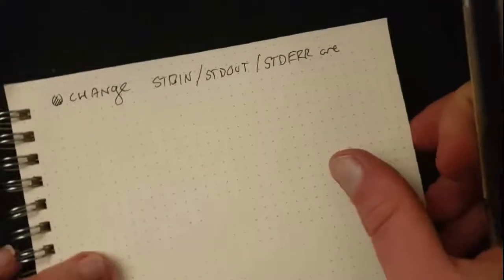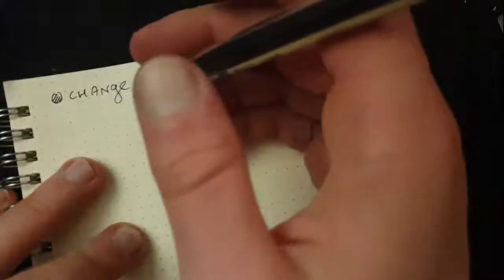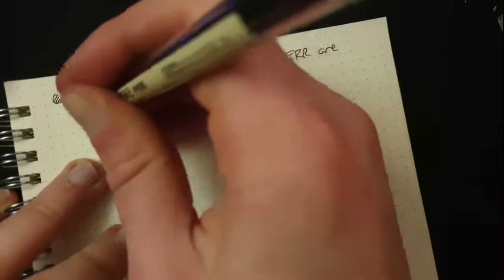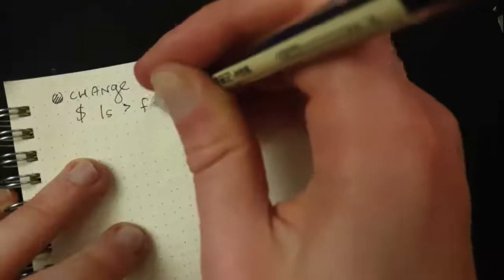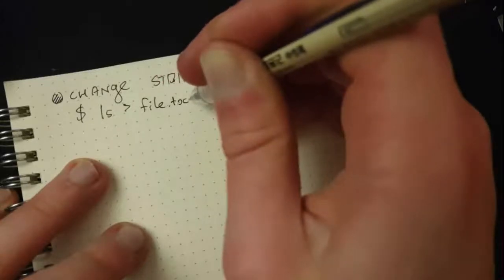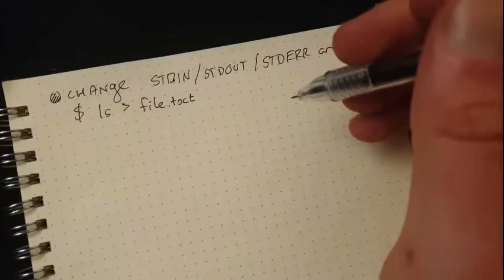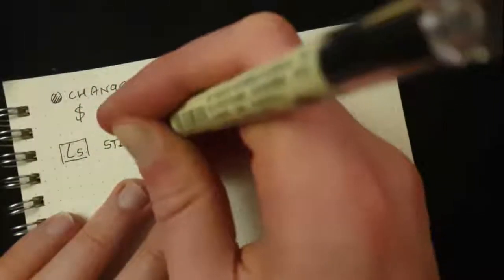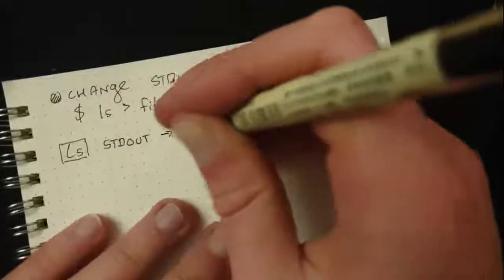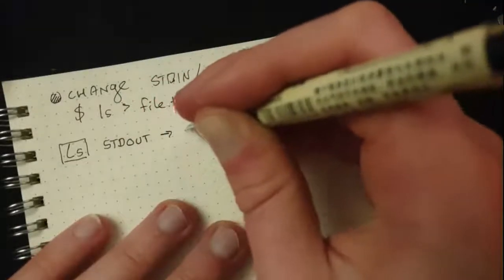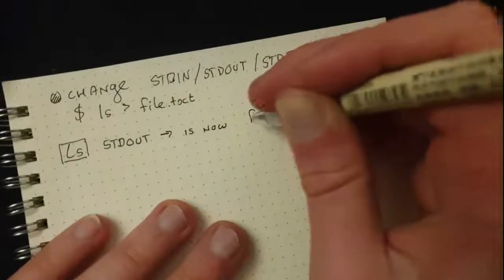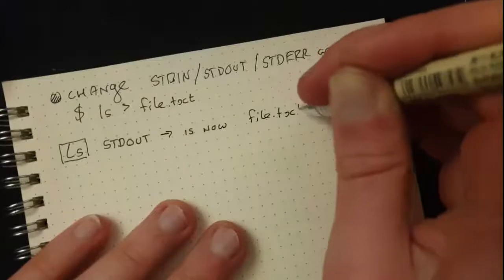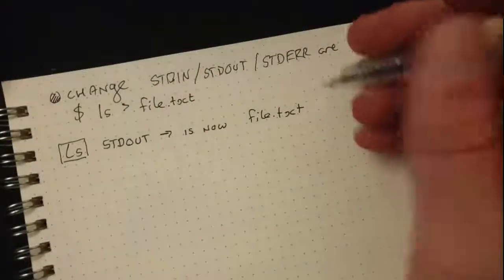So for example, if you run something like ls > file.txt, then it runs ls and stdout is now that file instead of the console.